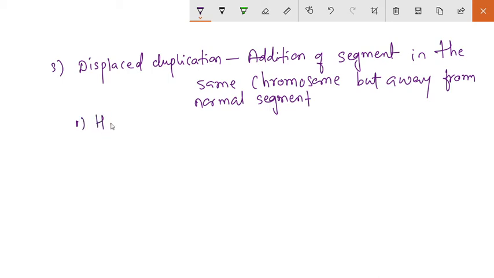The one is homobranchial and the second, that is heterobranchial. There are two types of this displaced duplication. One is homobranchial, another is the heterobranchial. Okay. So when this duplicated portion is on the same side of the centromere.